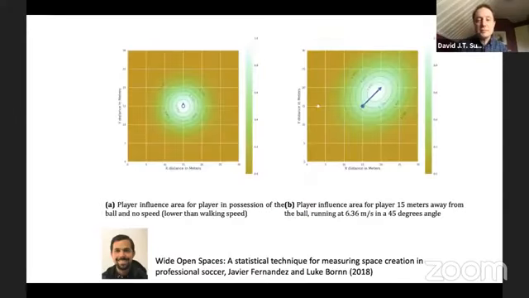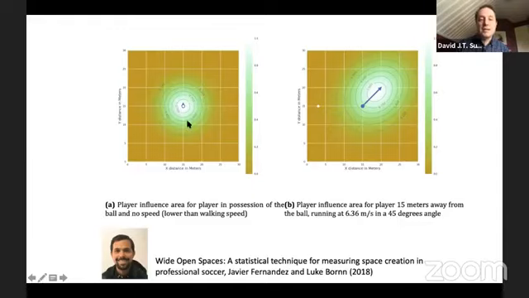Well, him and his colleague Luke Bornn, what they essentially do is look at a sort of radial player influence for each of the players. That influence depends not only on the position of the players, like my original Voronoi diagram did, but it also accounts for the speed of the players.